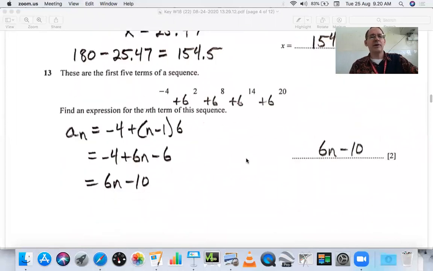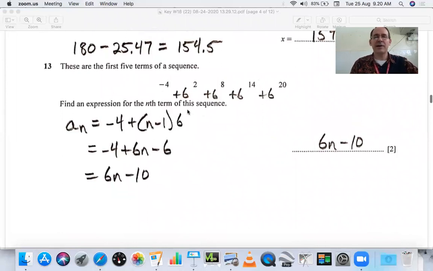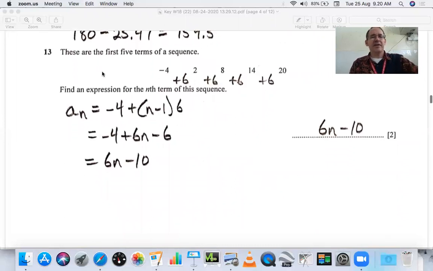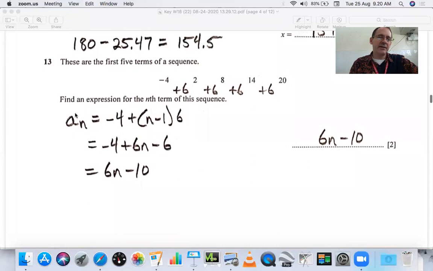Here we have a sequence, the first 5 terms of a sequence: -4, 2, 8, 14, and 20. This one's rather simple. You can see that it's just adding 6 to each one. This asks for an expression for the nth term. So your formula for the nth term is your first term, which is -4, plus n minus 1 times the difference.